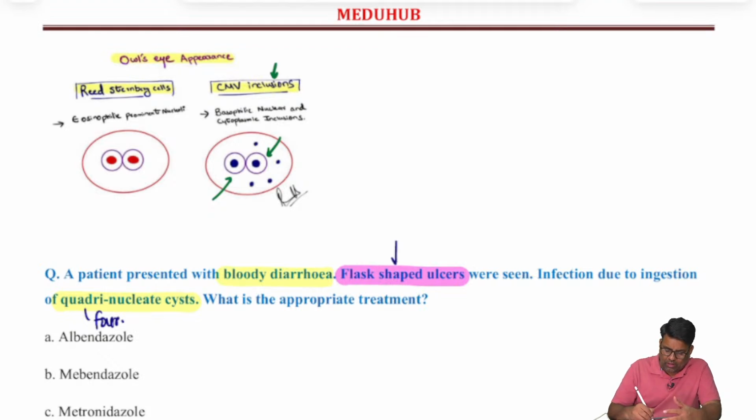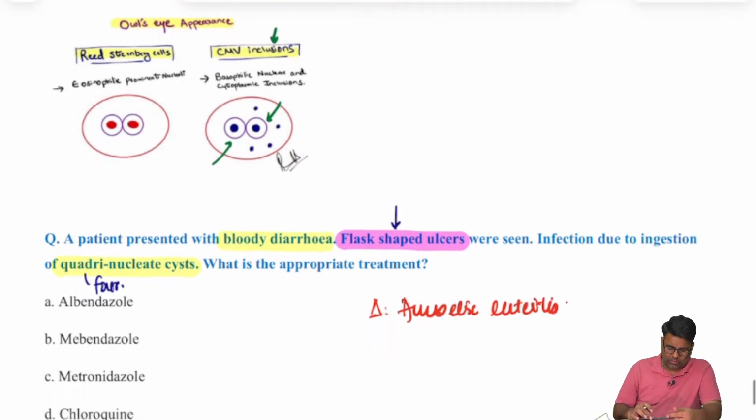The moment you get these words, the diagnosis is amoebic dysentery. This is because of Entamoeba histolytica, right?